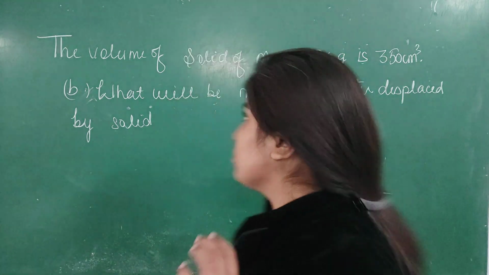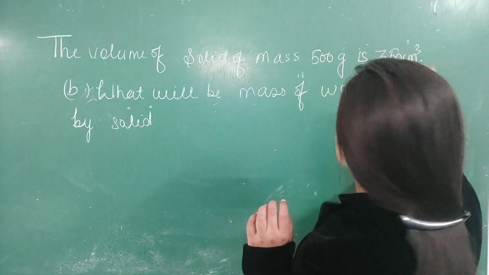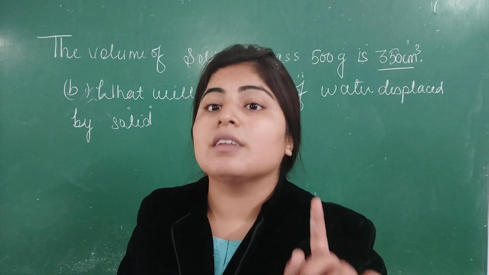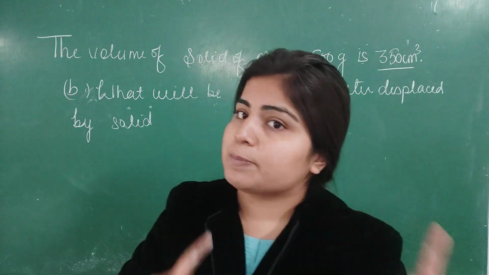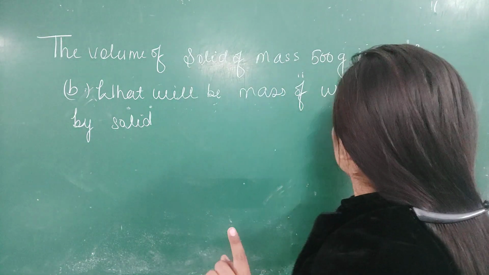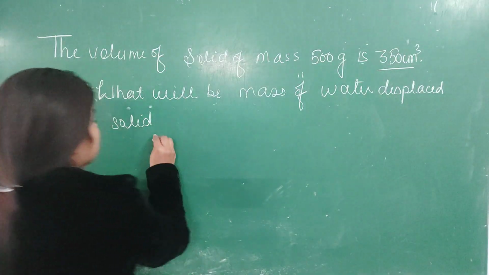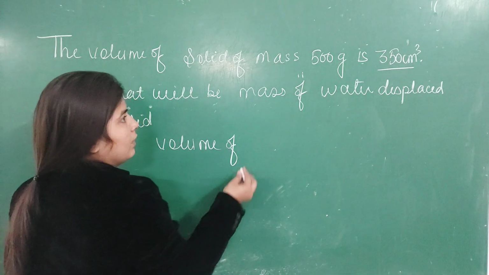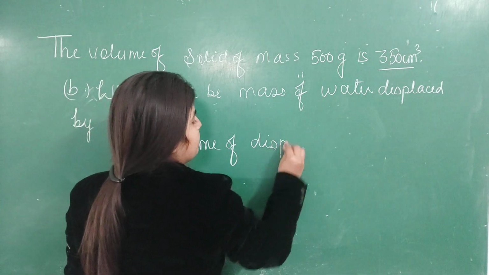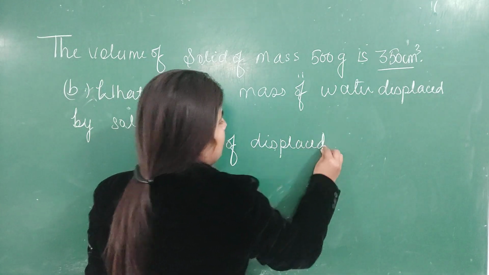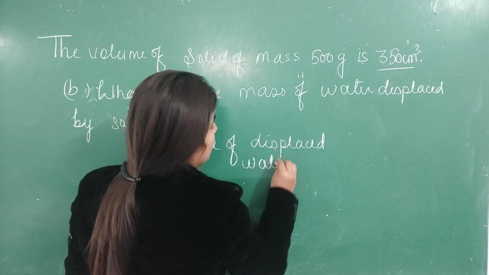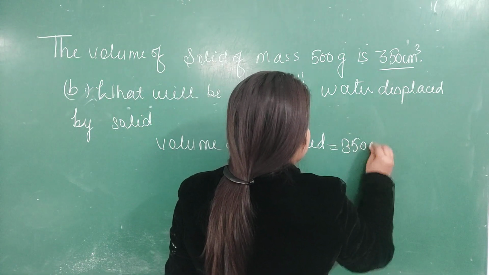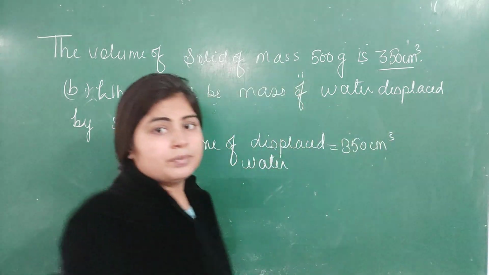What is the volume of the solid? The volume of the solid is 350 centimeter cube. So it is very obvious that the volume of the displaced water will also be equal to 350 centimeter cube.